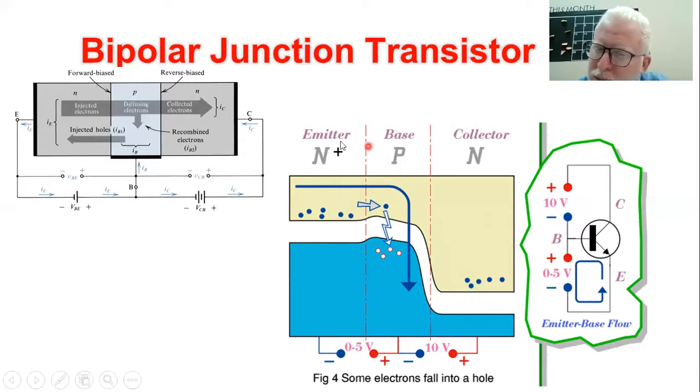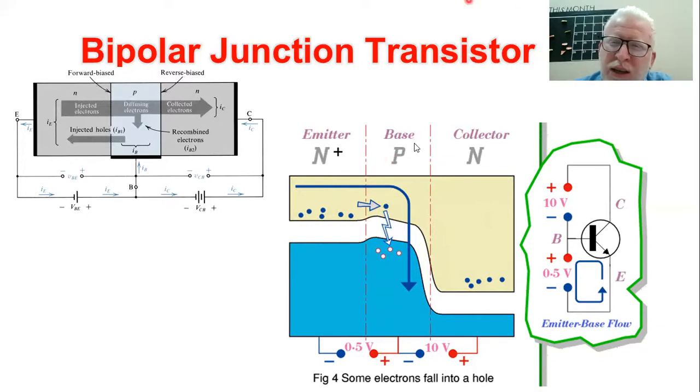The worst case scenario is when these 10,000 electrons pass through the base, which includes 10 holes. Only 10 electrons are going to be recombined, because you only have 10 holes here.